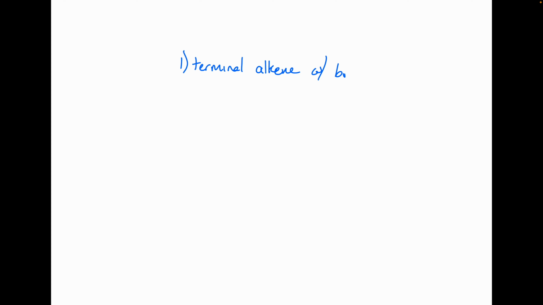I'm going to put some restrictions on it here. The first one should be a terminal alkene with at least one branch point. The second one should be an internal alkene that has stereochemistry.